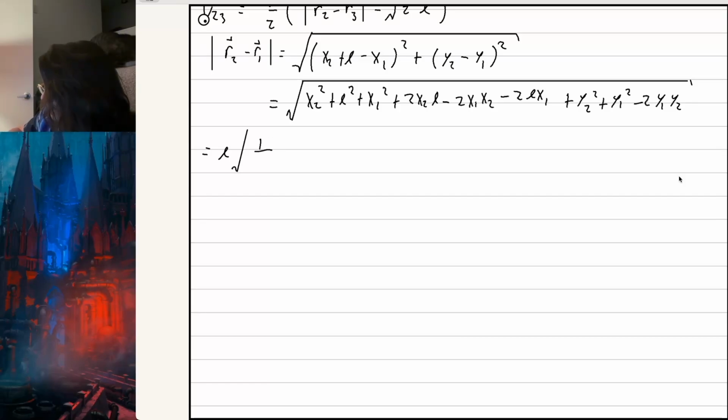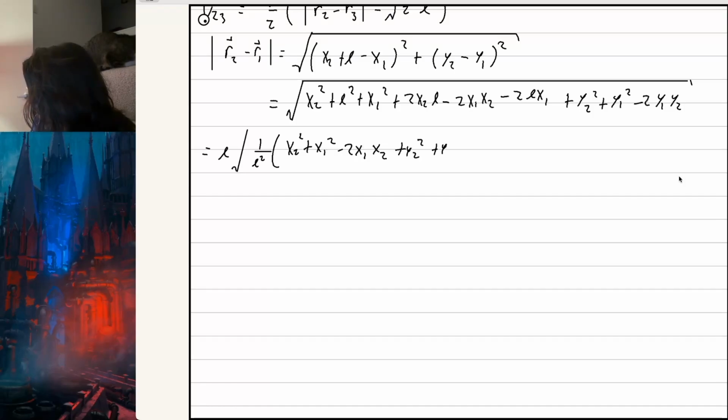So 1 over L squared times x2 squared plus x1 squared minus 2x1x2 plus y2 squared plus y1 squared minus 2y1y2.